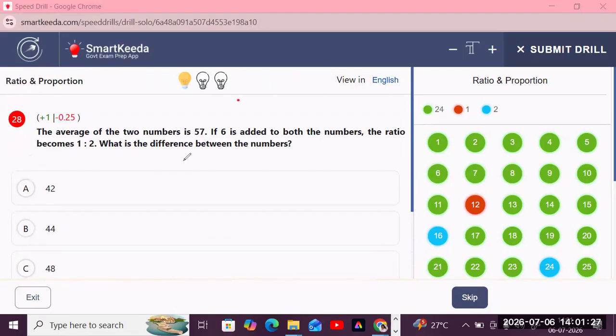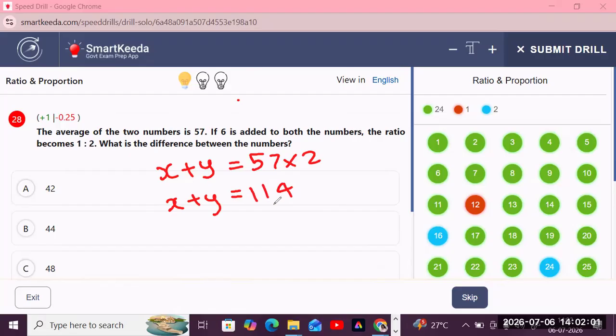The average of the two numbers is this much. If 6 is added to both the numbers, the ratio becomes 1/2. So x plus y, the sum is 114.